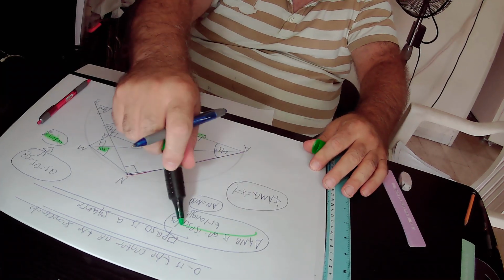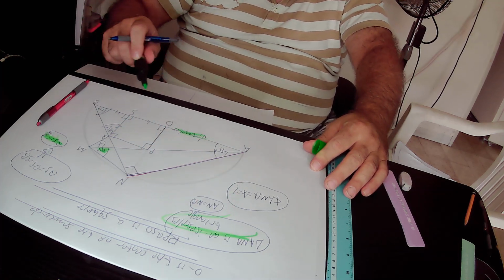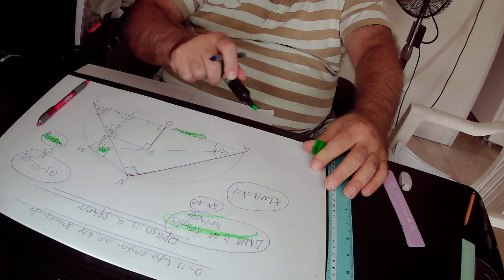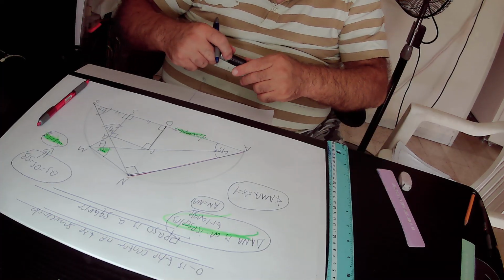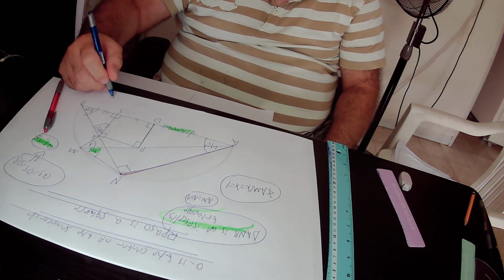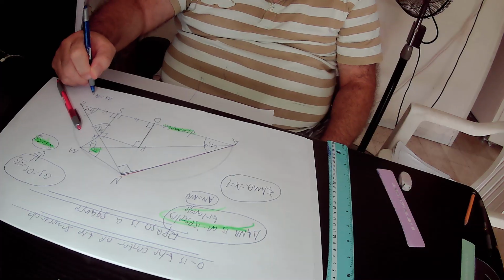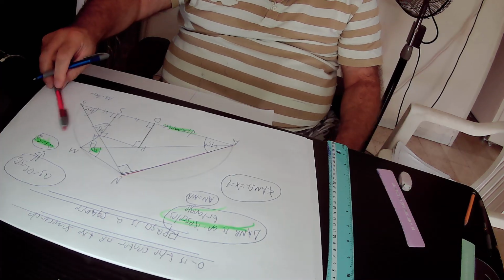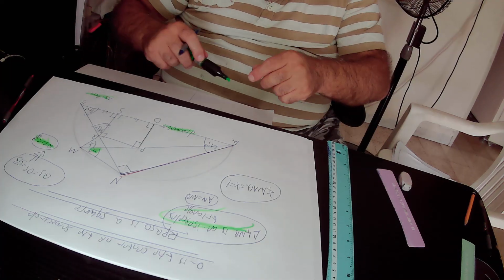In the isosceles triangle ANB, AB is the base of this isosceles triangle. But AB is also the diameter of this semicircle.